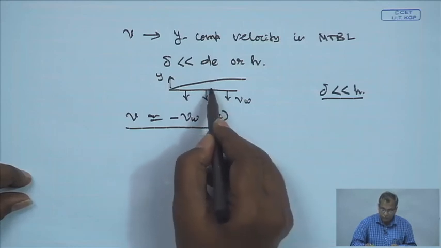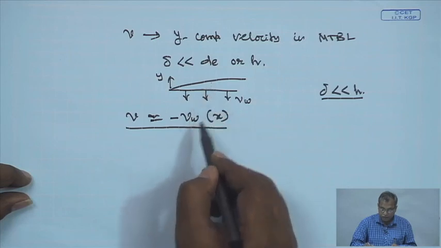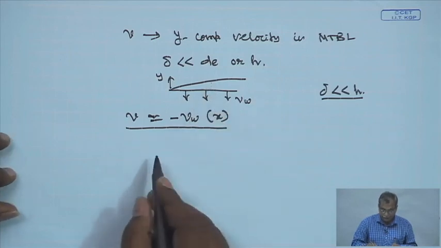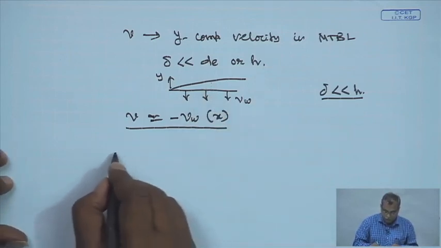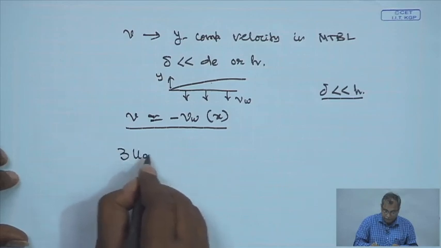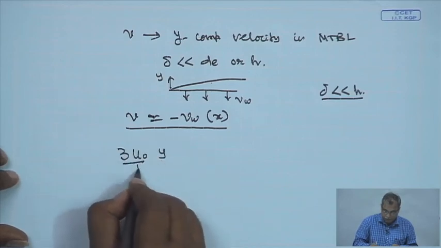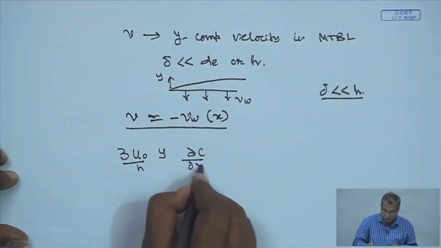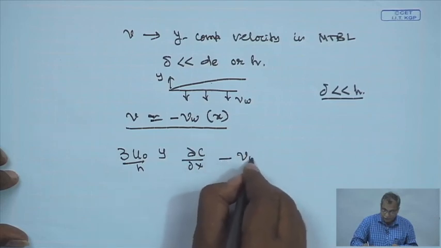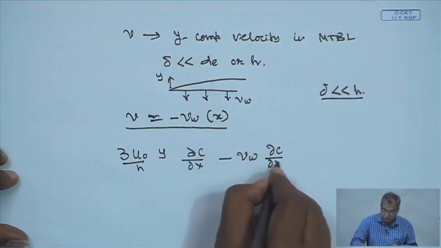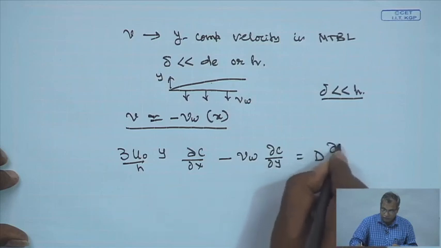So the solute balance equation now looks like 3 u 0 y by h del c del x minus V w del c del y is equal to D del square c del y square.